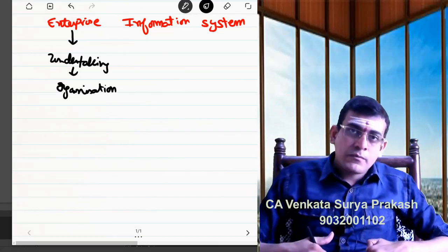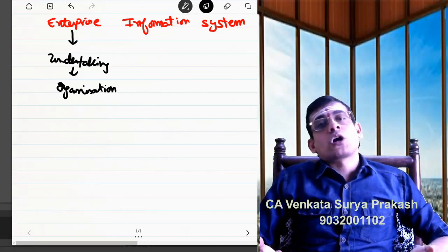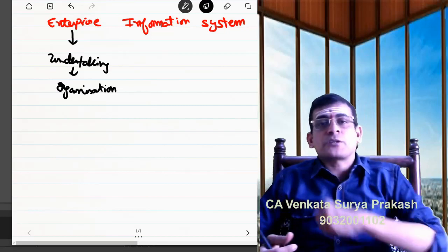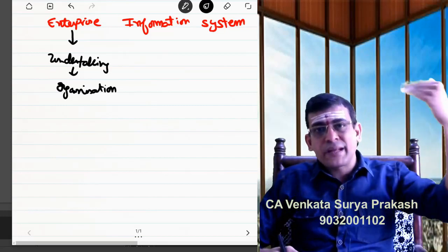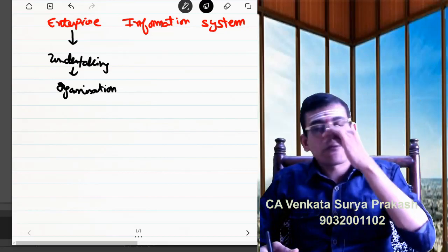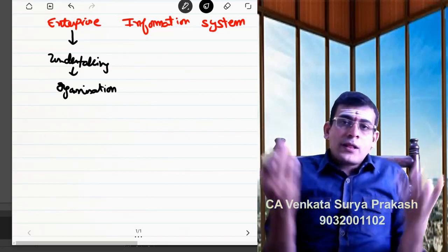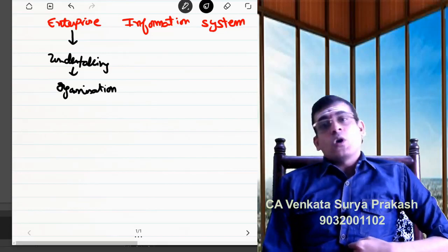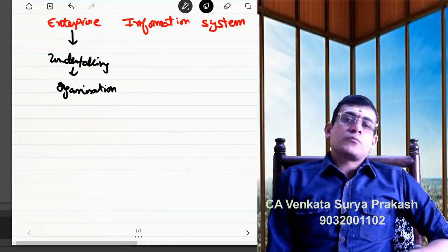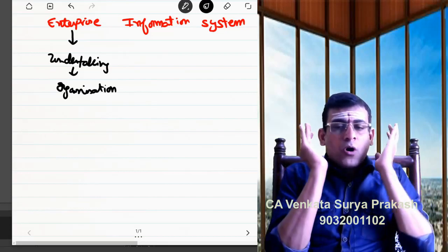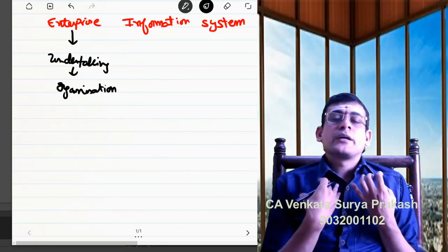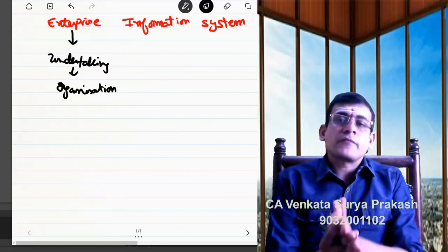The entire broader view, organization, is a system. In that system, you have several subsystems. Each and every subsystem has its own function. Heart will have its own function, brain will have its own function, liver will have its own function. All the functions should be coordinated toward one specific objective, the organization's objective. If all these are connected and functioning for one objective, then only the organization will survive.